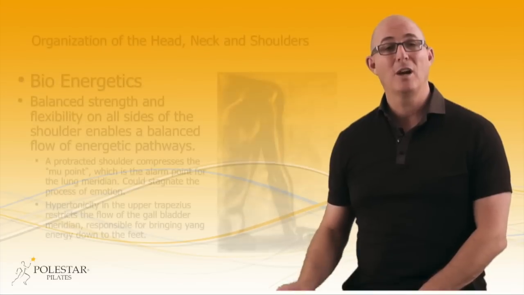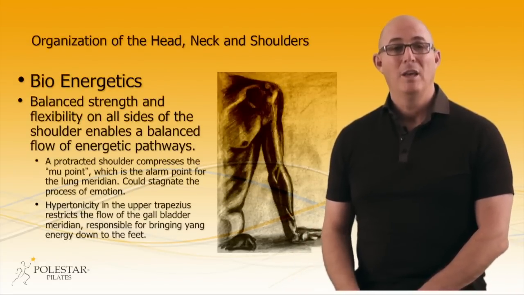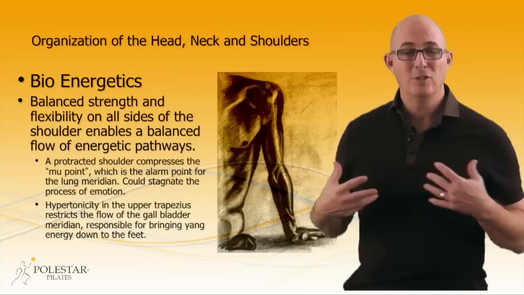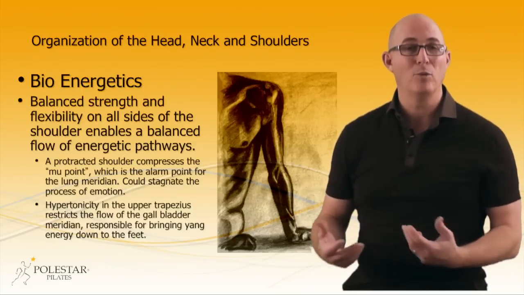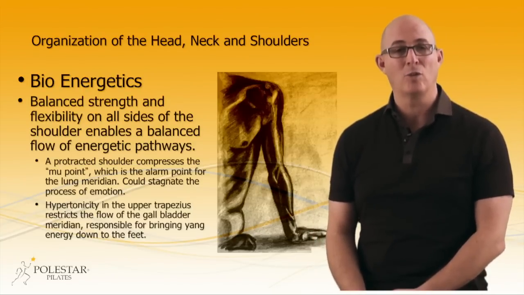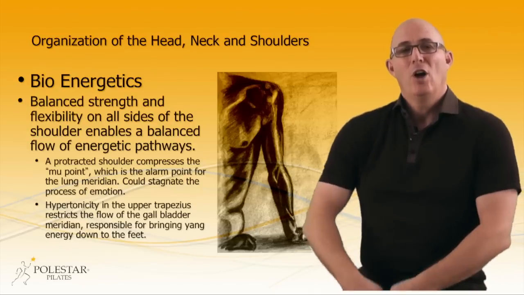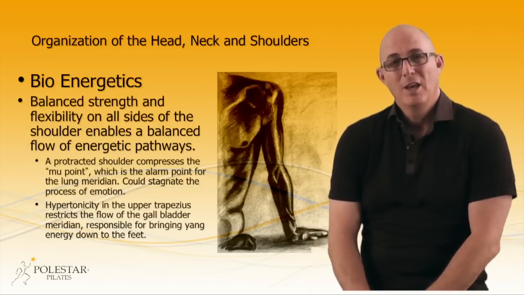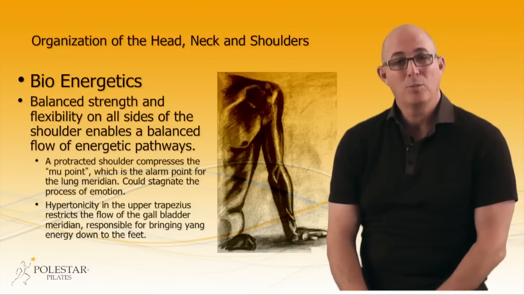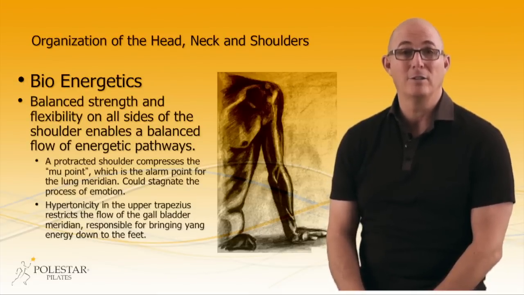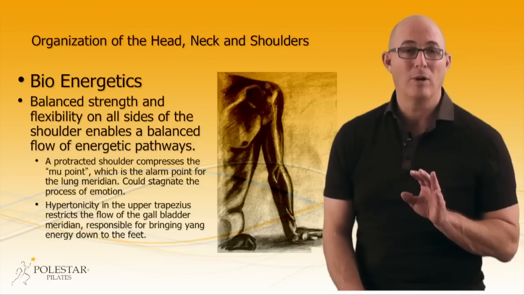The last thing that I want to talk to you about in this section is bioenergetics. Now we know that all of our energy passes through these areas, going up into our head and into our shoulders. The meridians of acupuncture pass through our shoulders. These are called the mu points. Whether the loss of posture came first, and then we started having congestion in those mu points, or we actually had some problems with our lung, our gallbladder, and some of those meridians before, and we lost our posture, is not what's important right now.